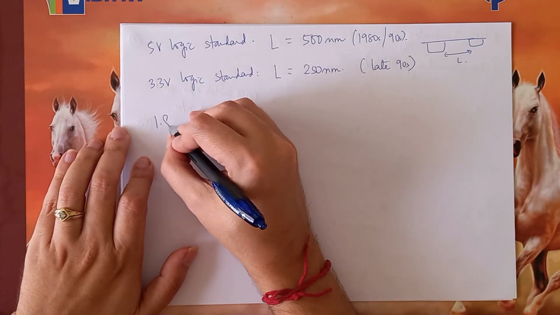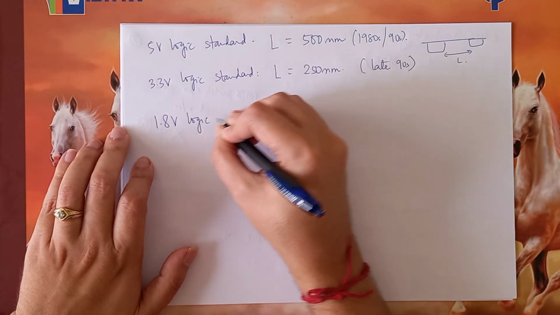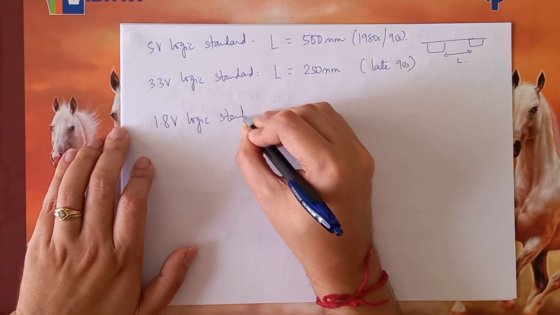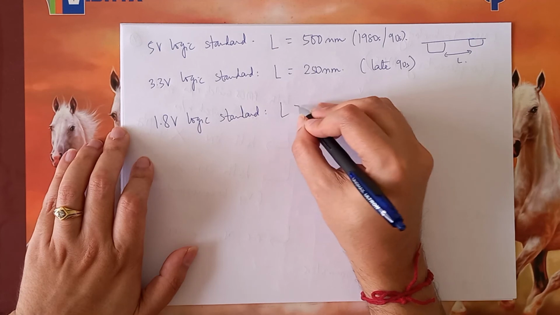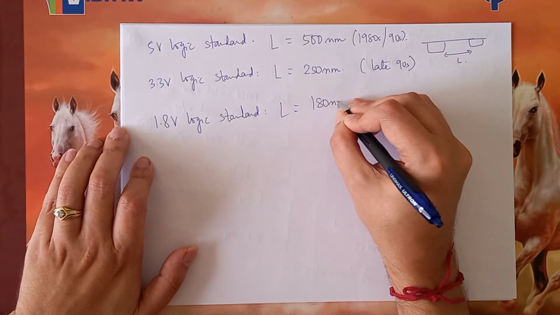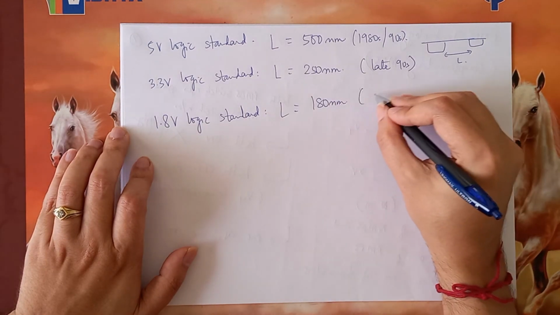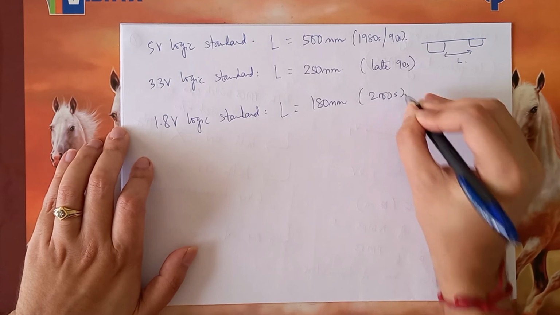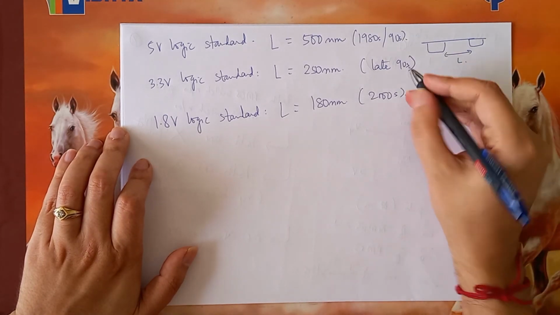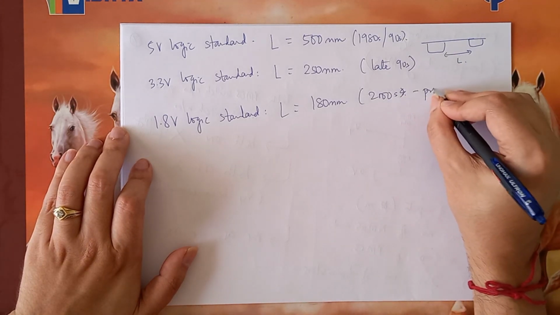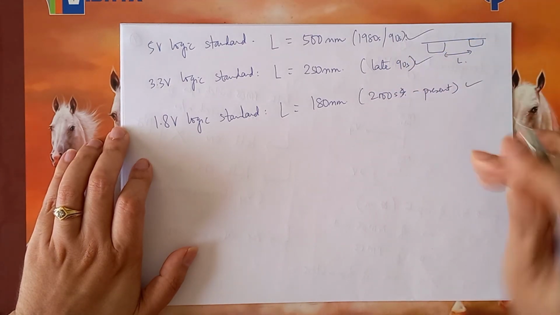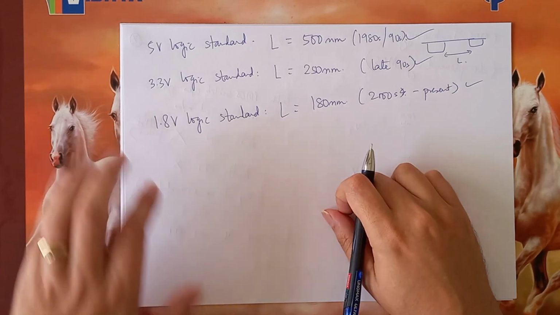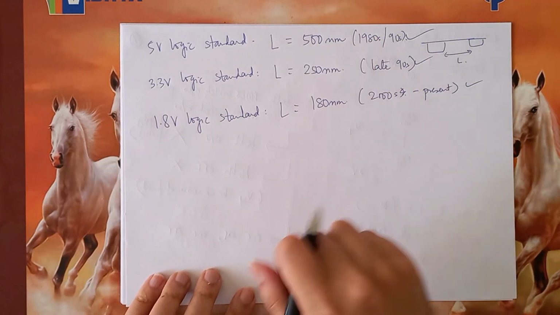Then you had the 1.8 volt logic standard, where L was 180 nanometers. This was in the 2000s, and they are still used today. All of these are still used today, but this was much later as compared to the earlier ones.